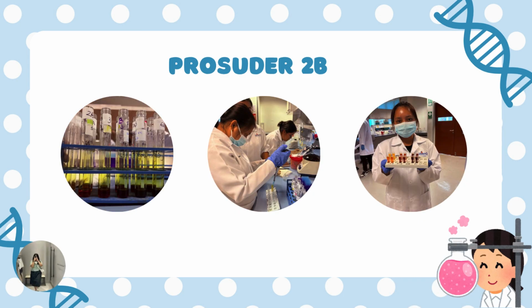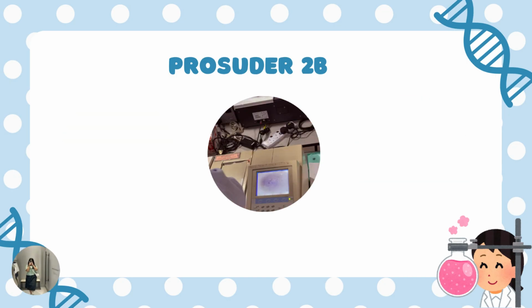Then we cool all of the tubes for 5 minutes. After a few minutes, we add 1 milliliter of Rochelle salt, then transfer into the cuvette, then mix well using a vortex mixer. Then all of the samples were analyzed using a spectrophotometer.